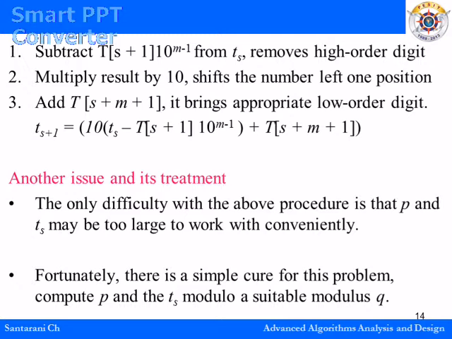Another issue in this algorithm is that we may find that p and t_s are too large to work with effectively or conveniently. Fortunately, we can use a simple solution: compute p and t_s modulo a suitable modulus q.